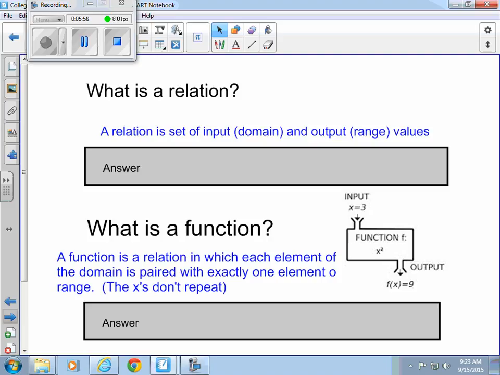Well, you put in a height and you pop out a shoe size. It wouldn't be very helpful if it popped out 5 different shoe sizes. It wouldn't give you any kind of predictor. So that's what a function does. You put something in, it gives you a specific thing out.